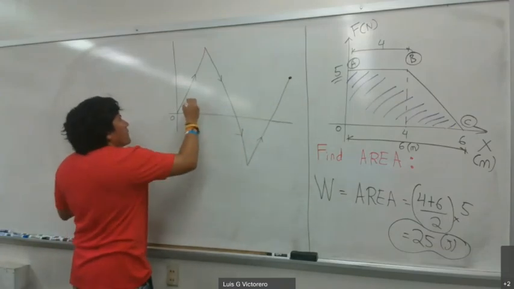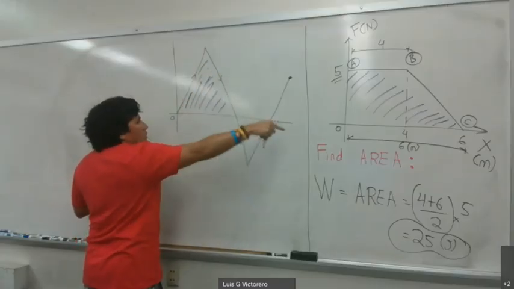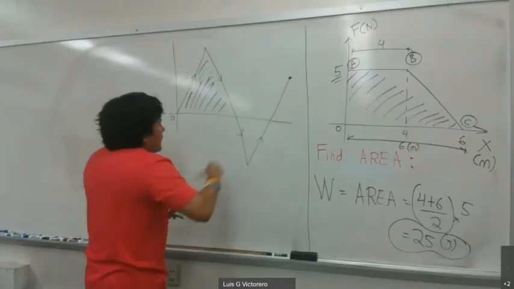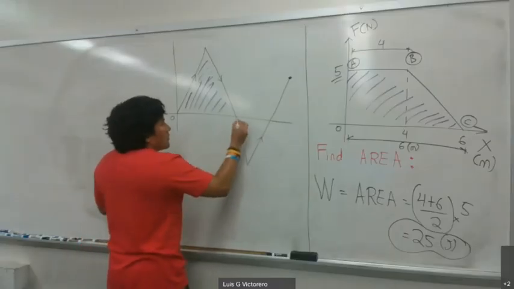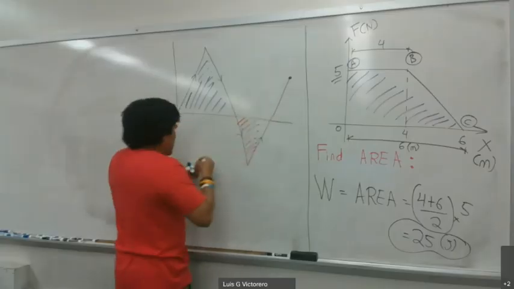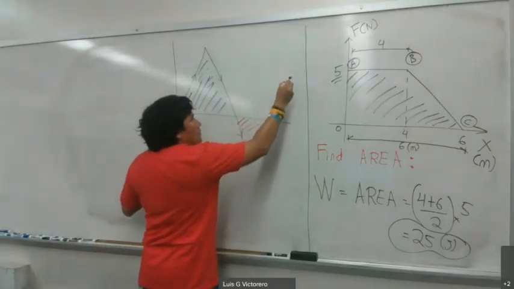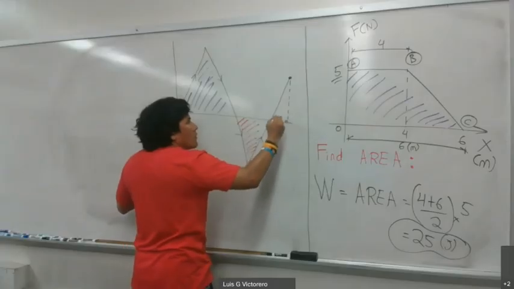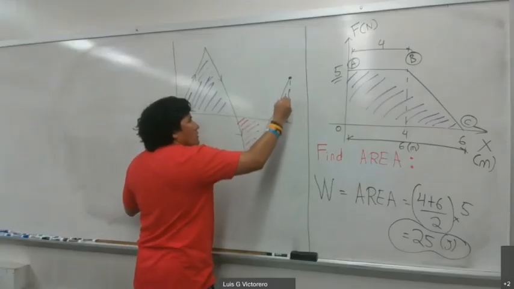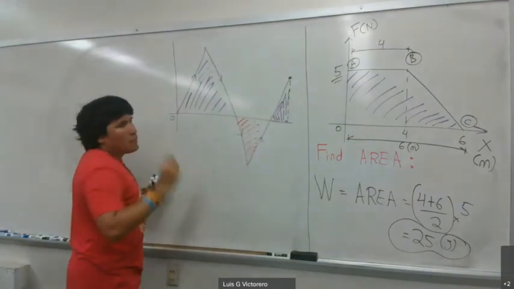This area is positive work. So this area here is negative, so you have to subtract. And what about here? You need to build a triangle. That will be the area. This area plus this area minus this area.